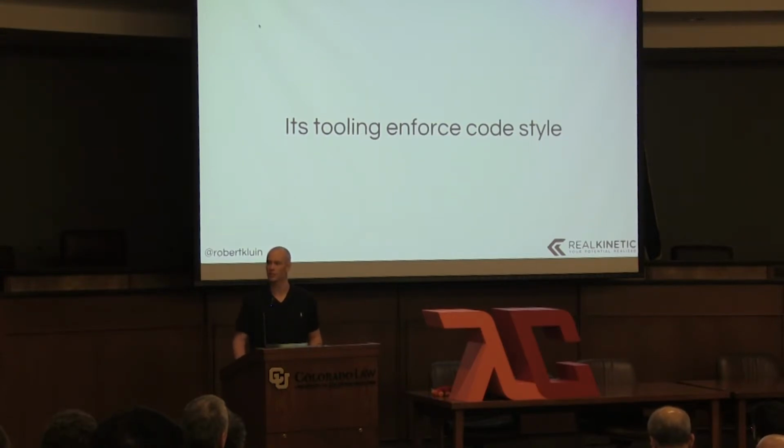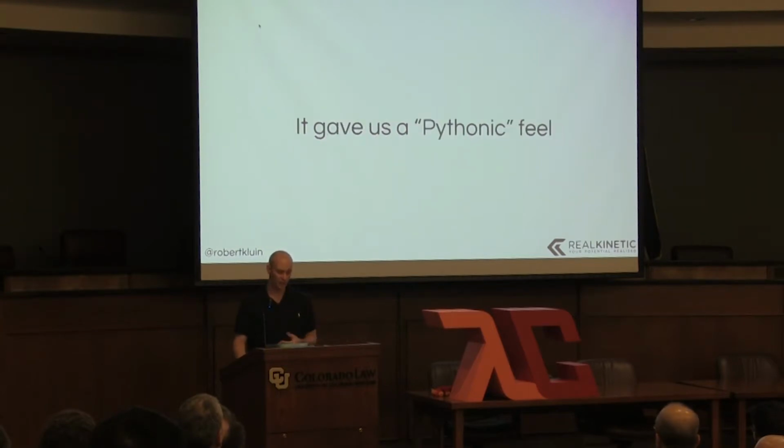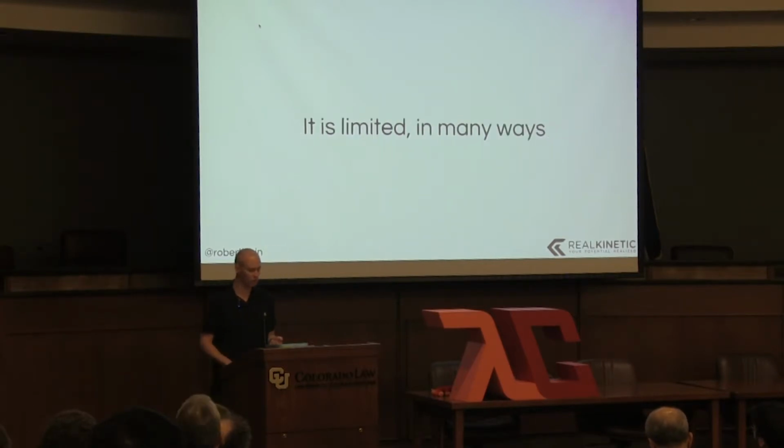With Python, the PEP8 standard is the canonical way you format your code, and it's super obvious, and that's what everyone follows. With Go, they just built this in, and everybody runs it, and it does it for you. That was a good fit for us. It gave us that Pythonic feel that we needed in order to fit our company and our culture.